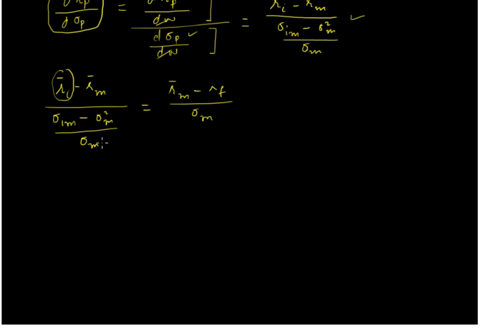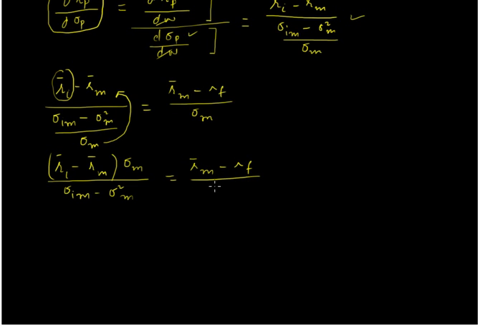Well, the first thing that I'm going to do is to take this standard deviation of M upstairs here, so that I can write this as Ri bar minus Rm bar multiplied by the standard deviation of M, all divided by covariance between I and M minus variance of M, and this is equal to Rm bar minus Rf over standard deviation of M. So what I'm going to do now is to look at this item and take it over to the other side.